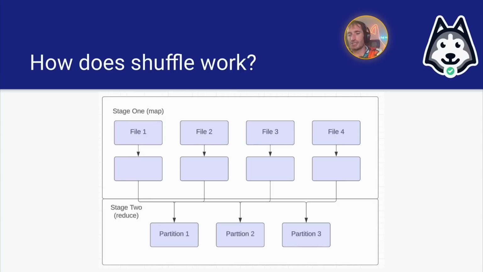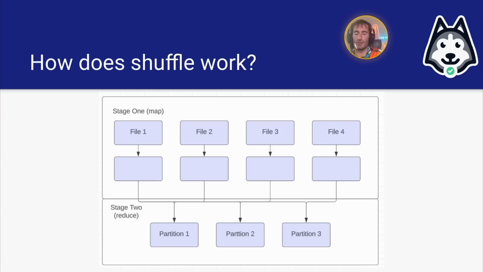But then imagine you need a group by. In this case, we're saying that there are 3 partitions in Spark. The default is actually 200, but I didn't want to build a diagram with 200 squares, so this is just a simplified view. Imagine you're grouping on user ID in this example.